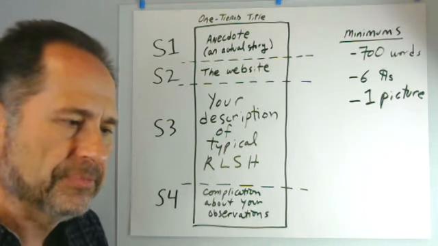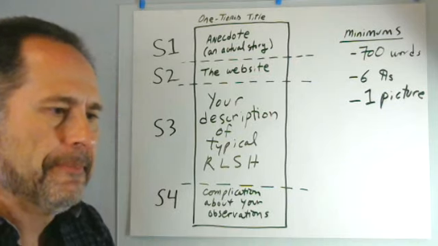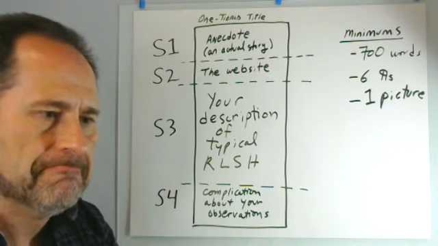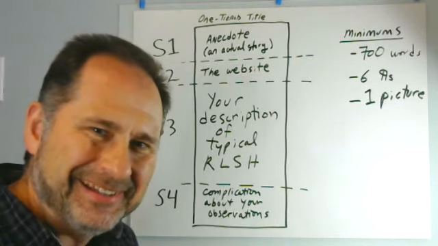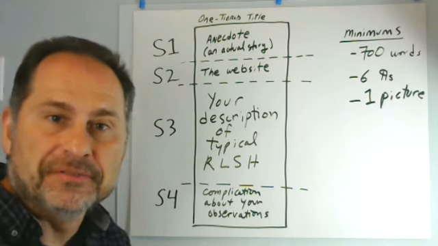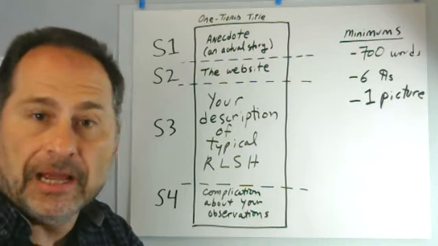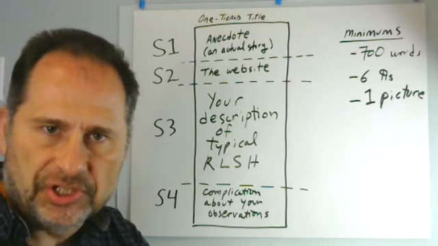Let's go ahead and say something like, this person seems to be unique, but in fact, they are part of a larger community. They call themselves the real life superheroes. They have a website, and mention the website.